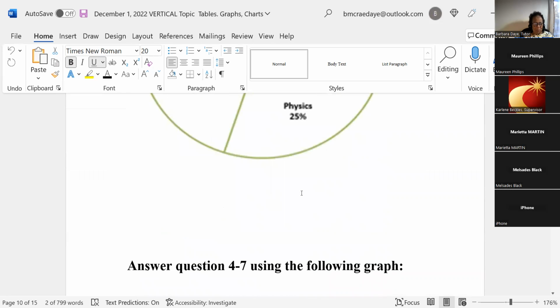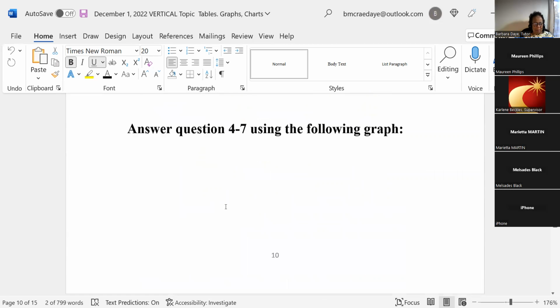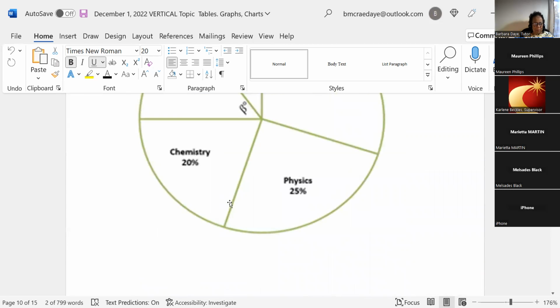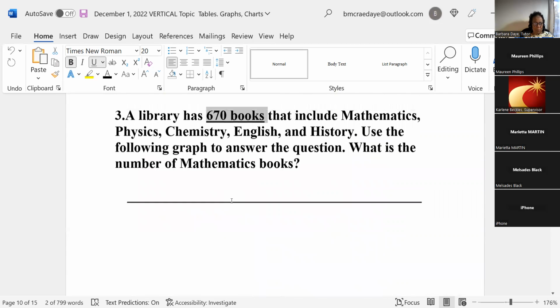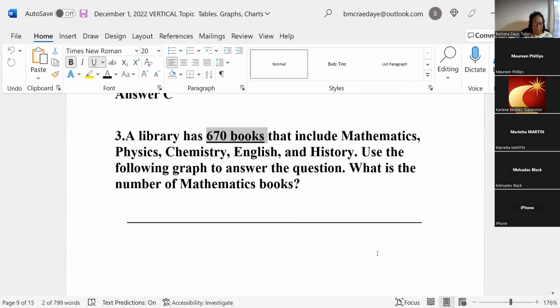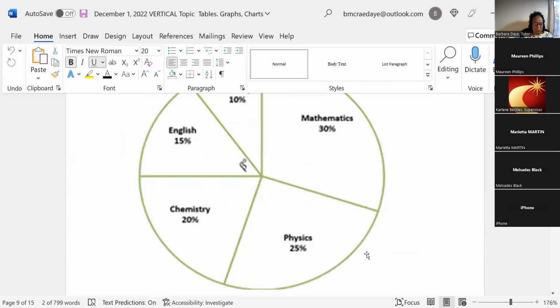We're going to answer some other questions here, but I just want you to solve this one. 670, and here's the graph. You're looking for the number of math books.